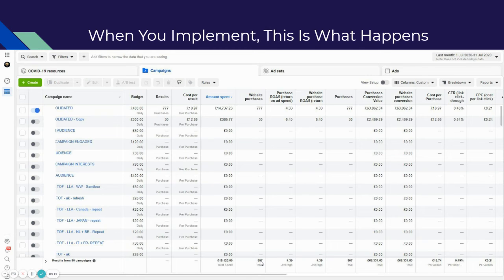There were 807 conversions in that period, with an average ROAS of 4.39. So we returned 66,331. And the cost per purchase there was actually £18.74, so almost 19 pound.